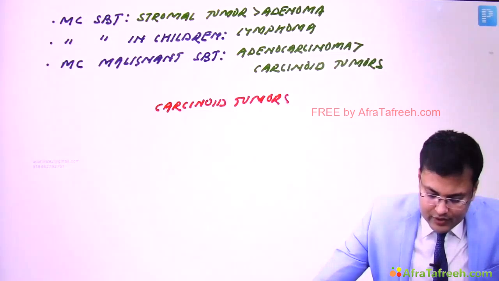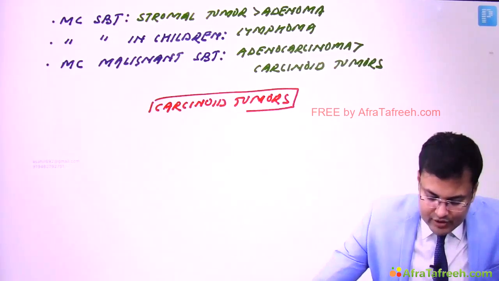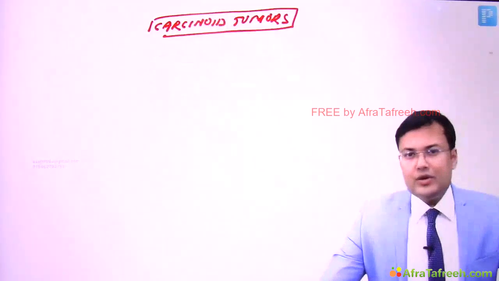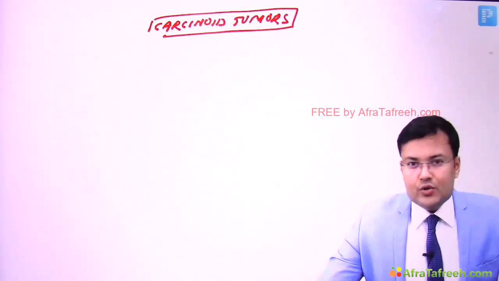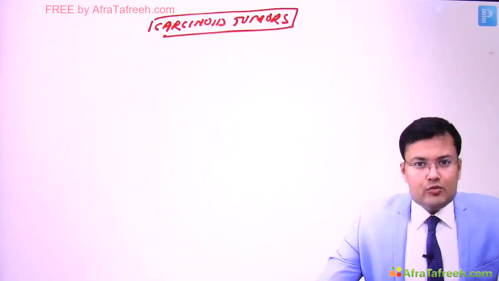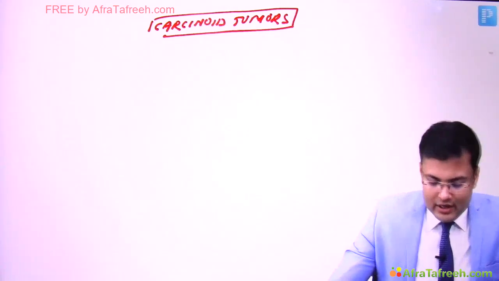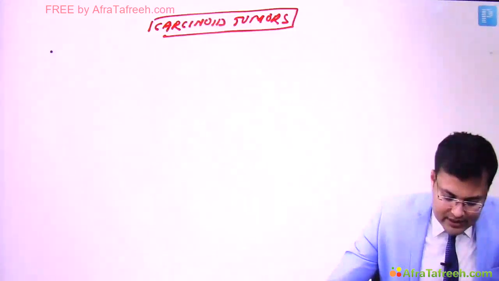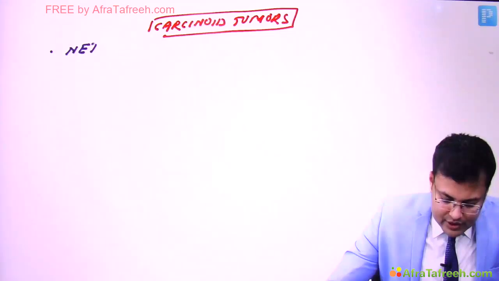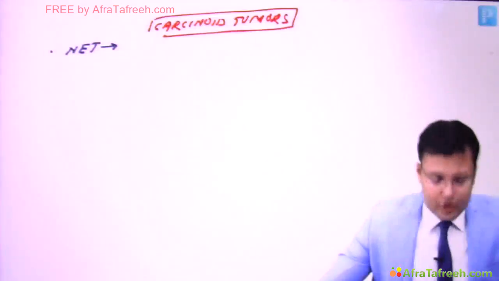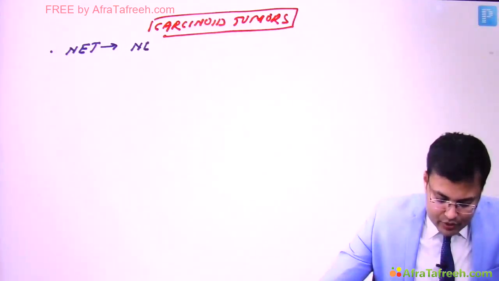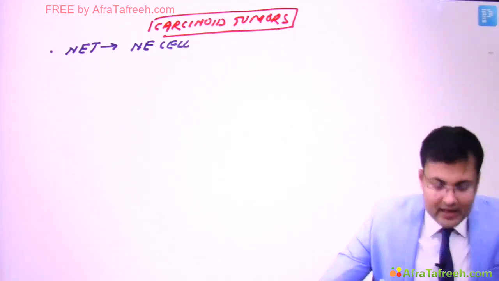Right? So first important point, that carcinoid tumor is a type of neuroendocrine tumor. What do you mean by neuroendocrine tumor? The tumors which are arising from neuroendocrine cells. It means the tumor is arising from neuroendocrine cell. Clear?